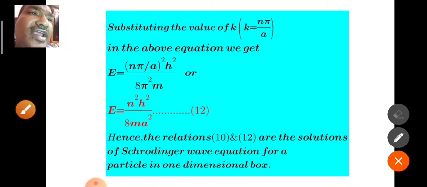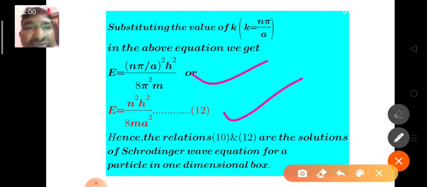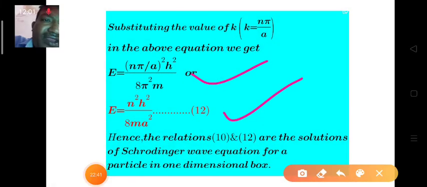We get E is equal to (n pi upon a) whole square into h square upon 8 pi square m. Simplifying, we get E is equal to n square h square upon 8 m a square. Equations 10 and 12 are the solution of the Schrodinger equation for a particle in a one-dimensional box.